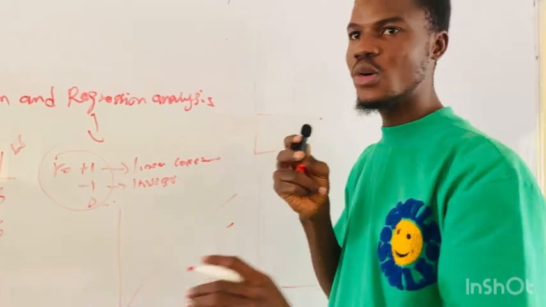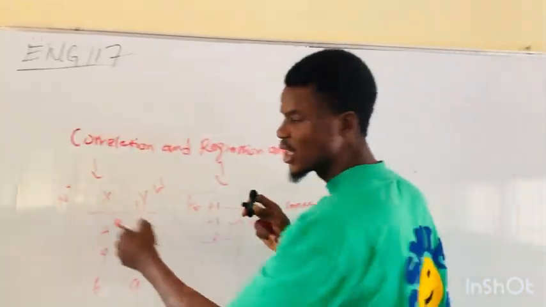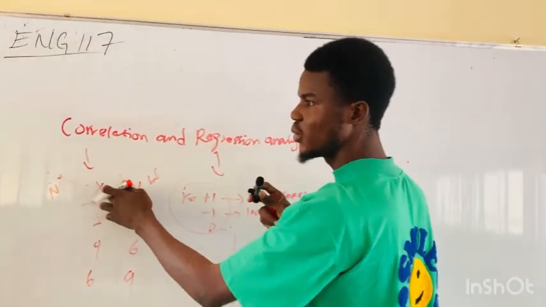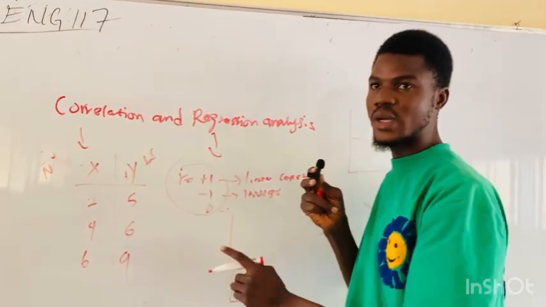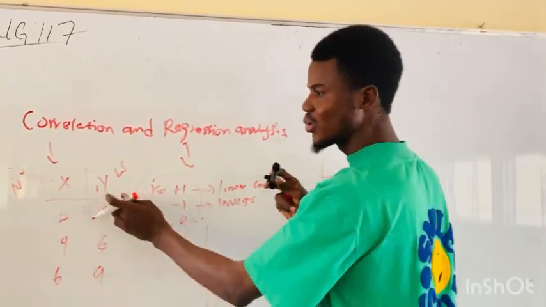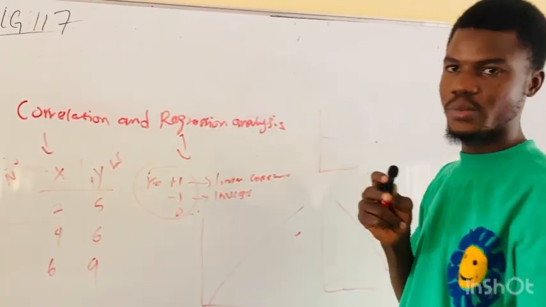In simple words, we can say a linear correlation is when x is increasing, our y increases. It means when the independent variable is increasing, our dependent variable will also be increasing. But when it is minus 1, it shows that when x is decreasing, y is increasing, or when y is decreasing, x is increasing. Then for 0, they have no correlation between each other.